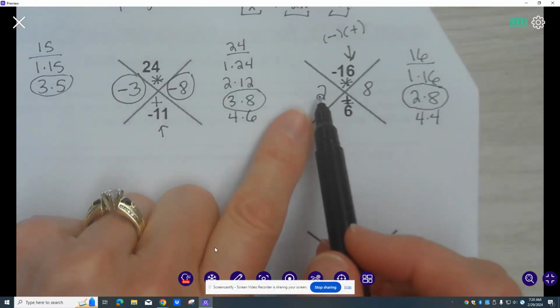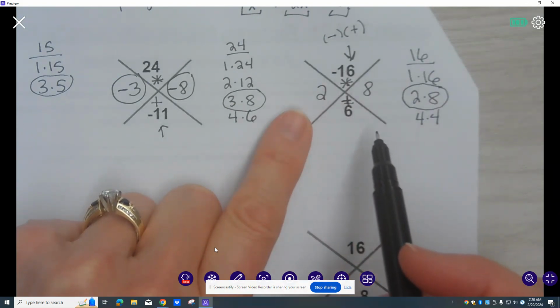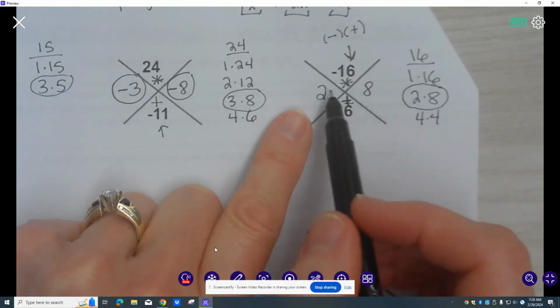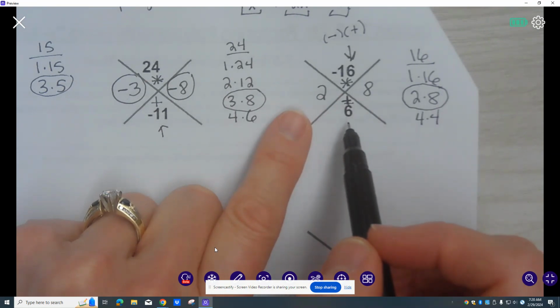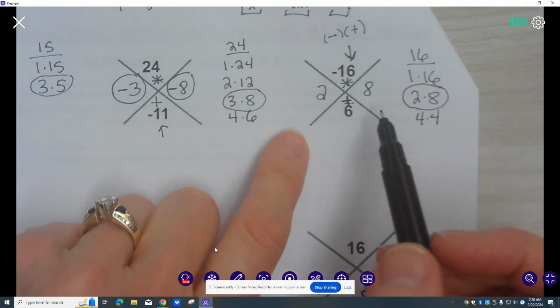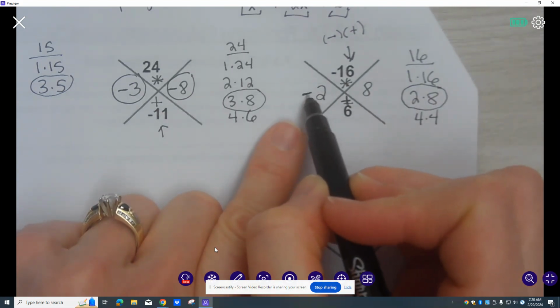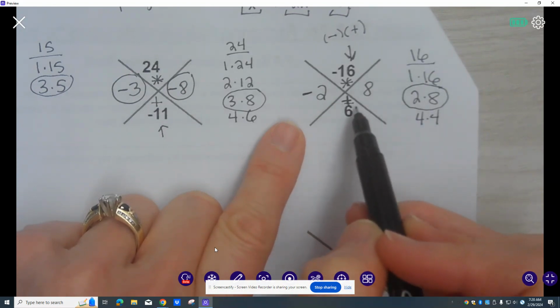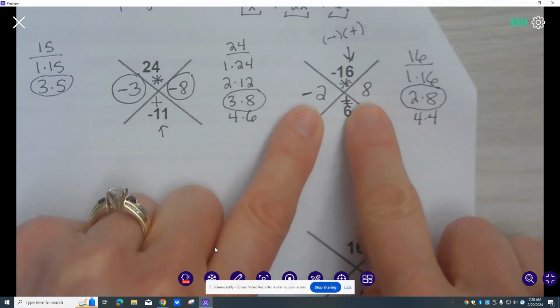Okay, now I know I need to make one of these negatives, so when I multiply them, I get negative 16. So I have to figure out which one needs to be negative, so when I add them, I get 6. And sometimes you'll just try something and it might not work. I'm going to try negative 2 because I'm thinking if this is positive, I want the bigger of these two factors to be positive.